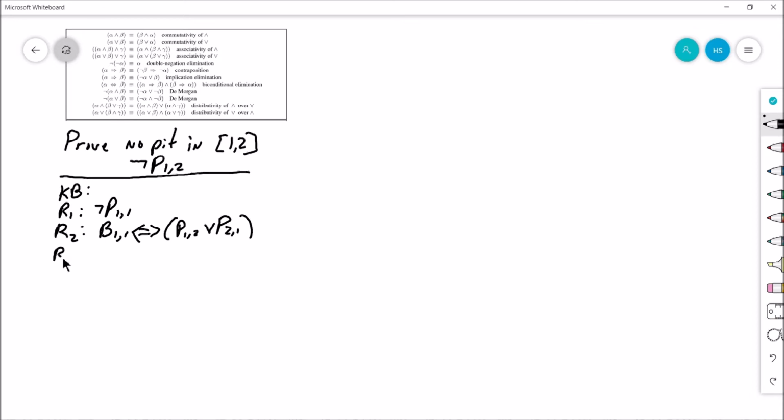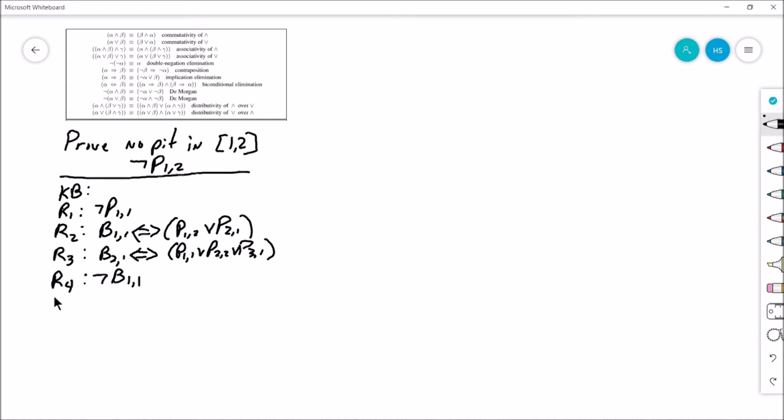That was another sentence of the knowledge base. Another was if there's a breeze in 2, 1, then that means that you have to have a pit in 1, 1, or a pit in 2, 2, or a pit in 3, 1. So, basic rule of the game, the adjacent squares have to have one or more pits. And then there was another rule here. We didn't detect a breeze in 1, 1. The sensors didn't pick it up.